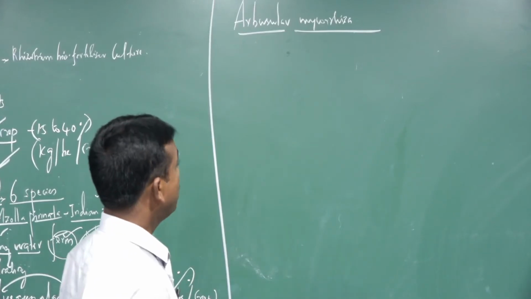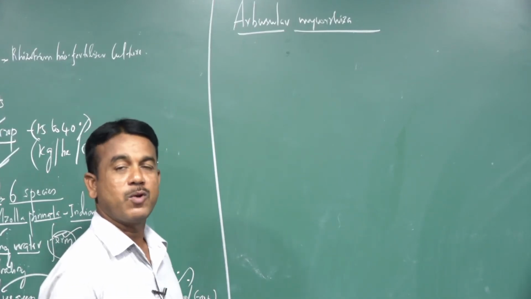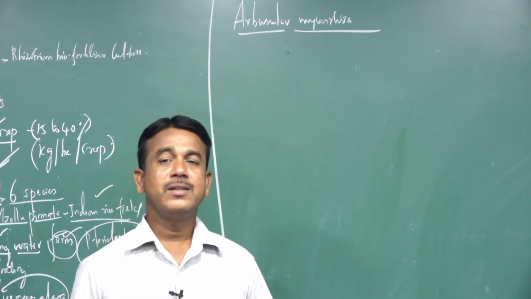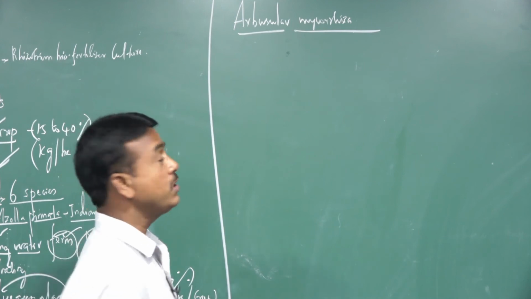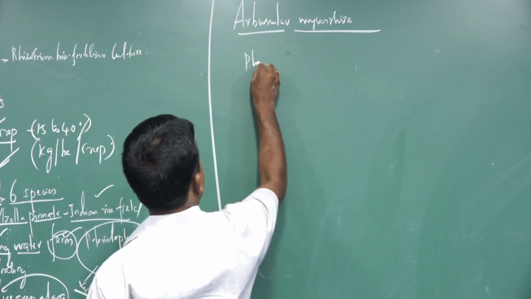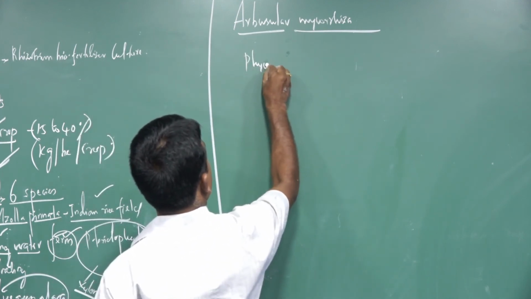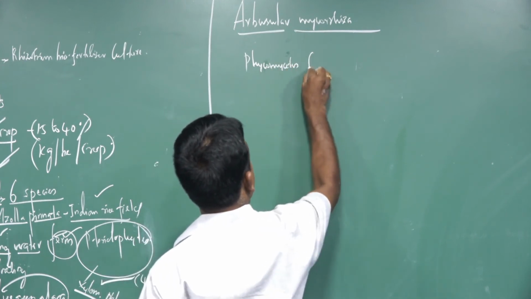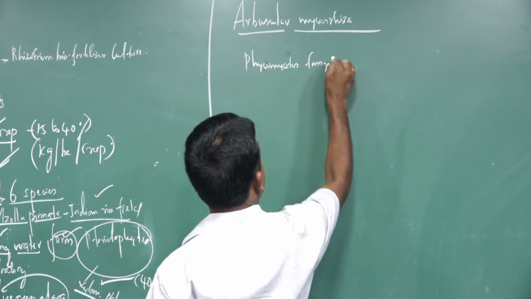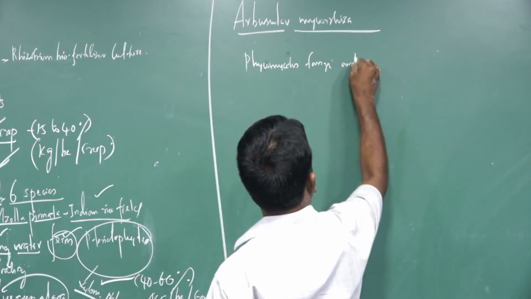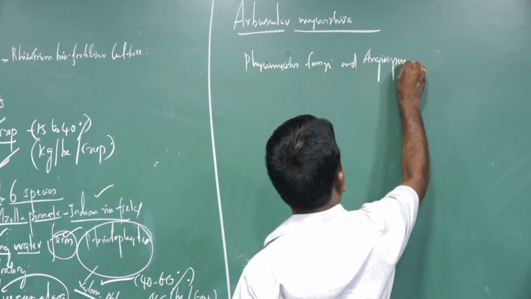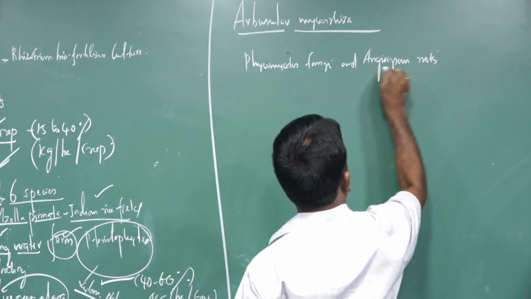Let's go to the next one, arbuscular mycorrhiza. Arbuscular mycorrhiza is formed by the association of Phycomycetes fungi and angiosperm roots.